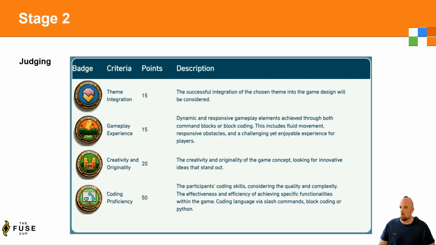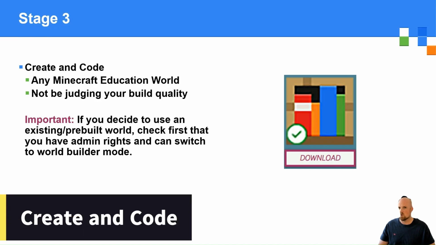The reason for this, keep in mind, is that we're not necessarily marking your game. We're actually marking your presentation or your pitch. Because what you have to do is convince us that you have built a game worthy of publishing, which leads us on to stage 3, where you need to actually physically create it and code it out.